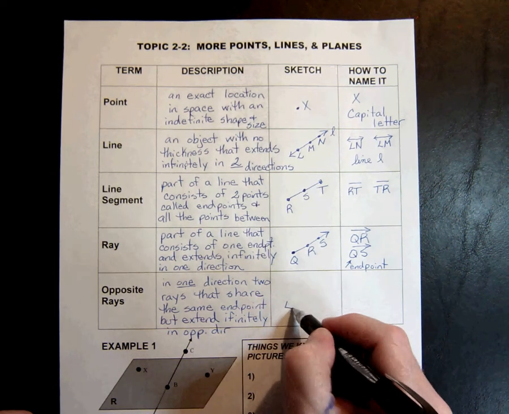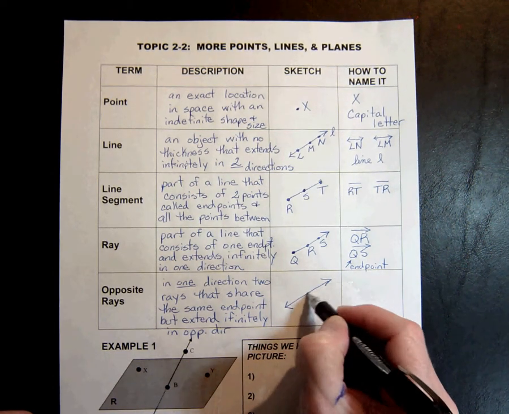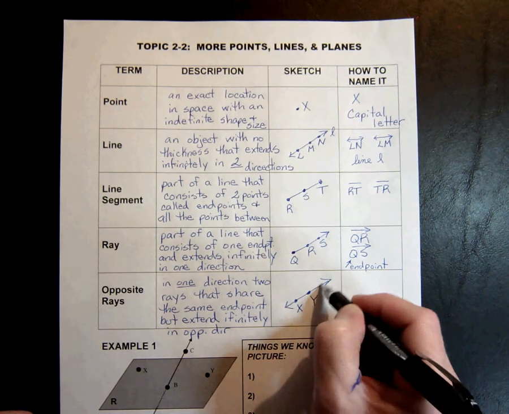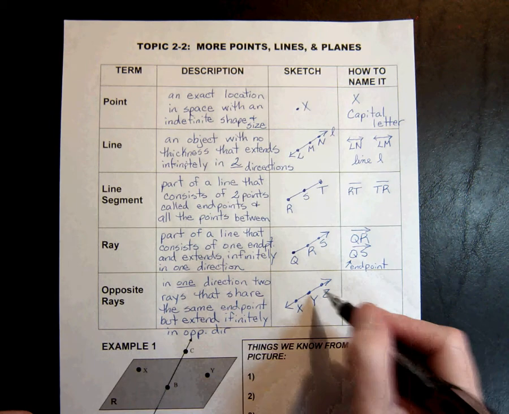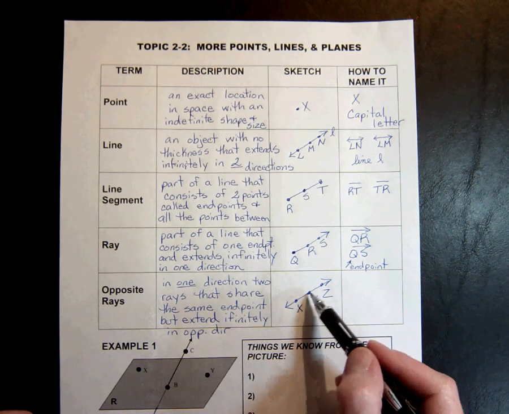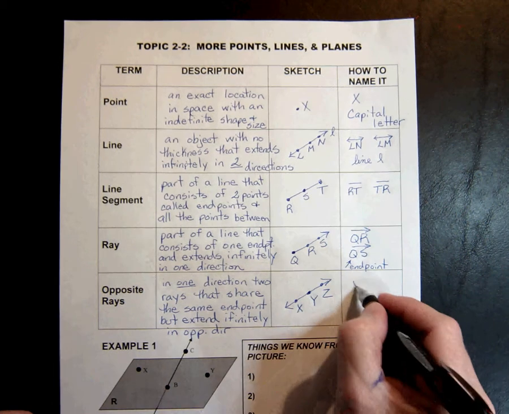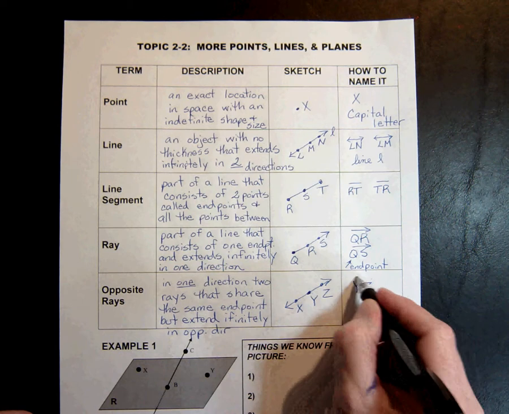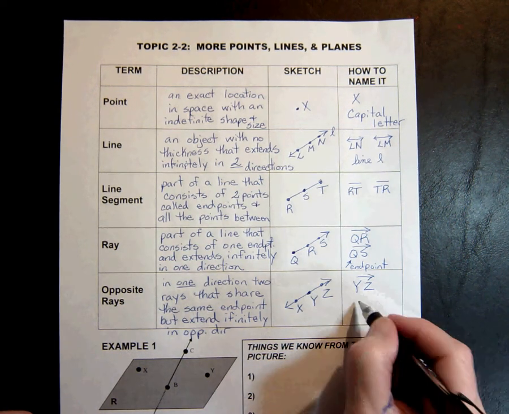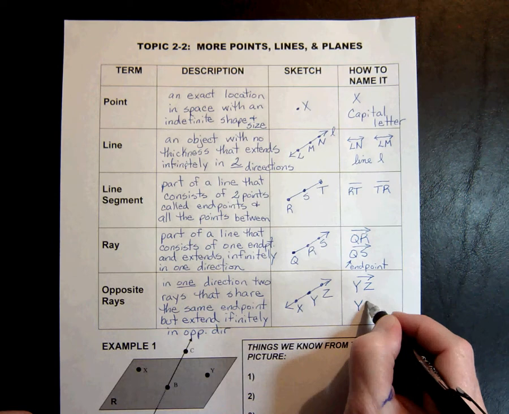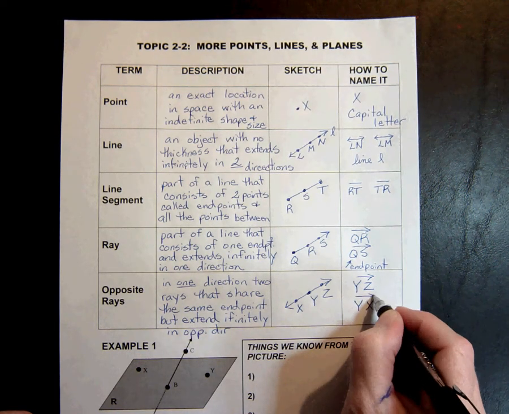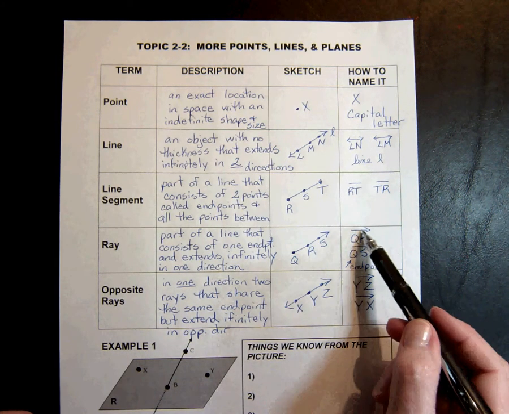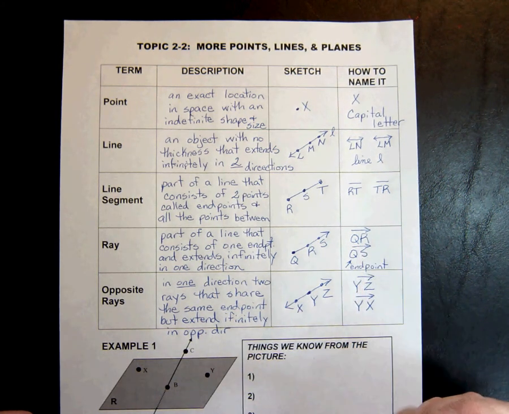This one can have arrows going both ways with a point in the middle. Name that Y, X, and Z. But notice if we're going to use an endpoint for opposite rays, you have to start with Y and go this direction. Still your endpoint is Y, or leaving Y as the endpoint going the opposite direction, being Z. So the symbol doesn't change. It's still a ray symbol with one arrow on it.